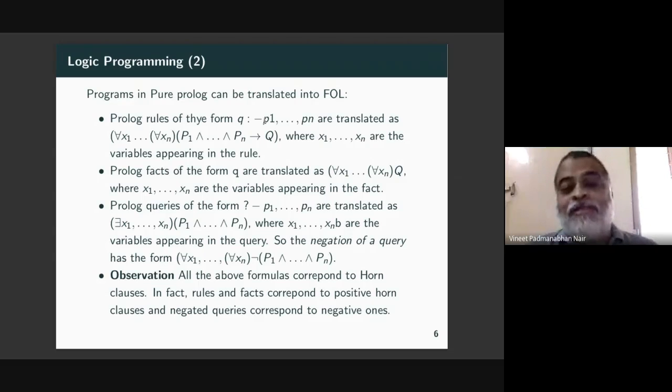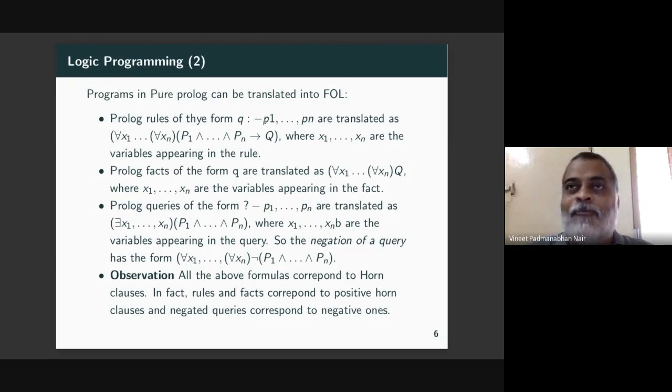Now, that is the rule form which is given in the beginning. Prolog facts of the form Q are again translated similarly: for all x1 to xn, Q, where x1 to xn are variables, because a fact can also have a variable. I mean, father of x, where x can take in John or Peter or anything like that.